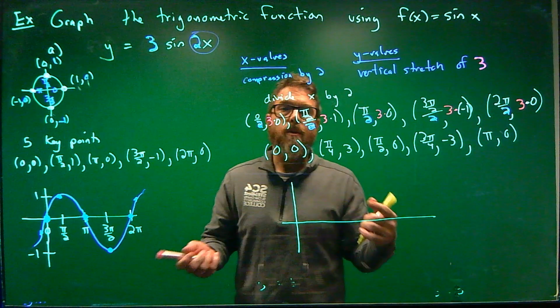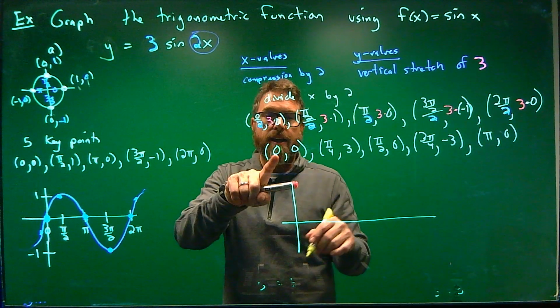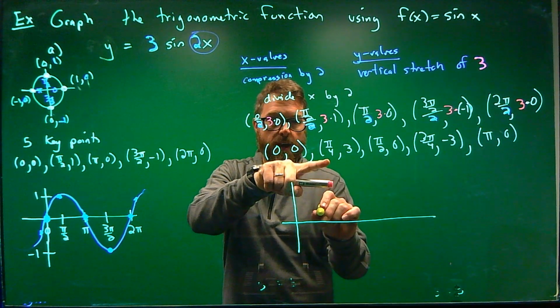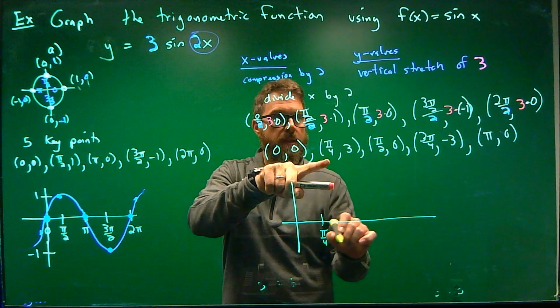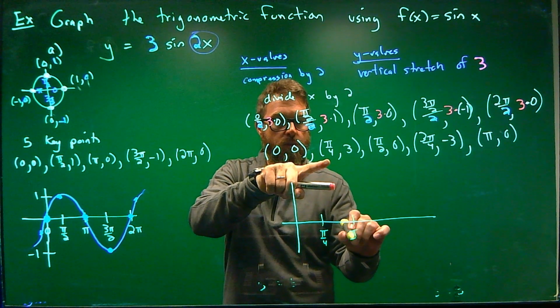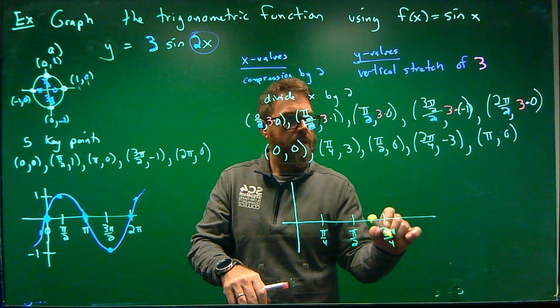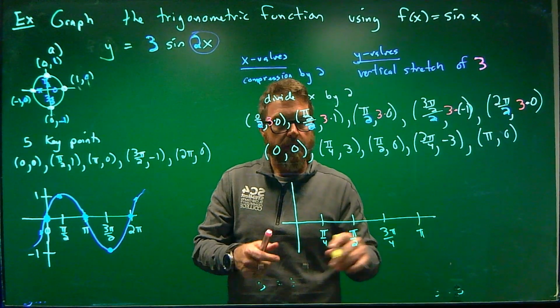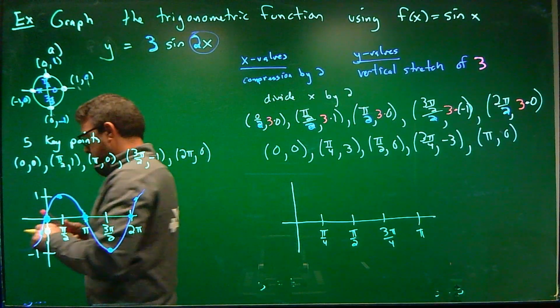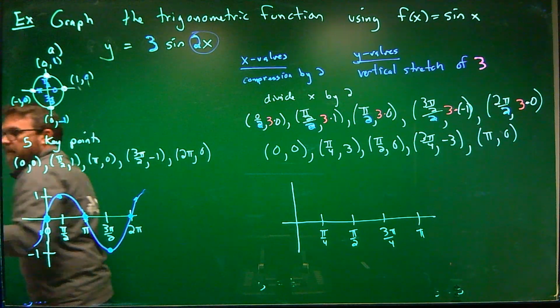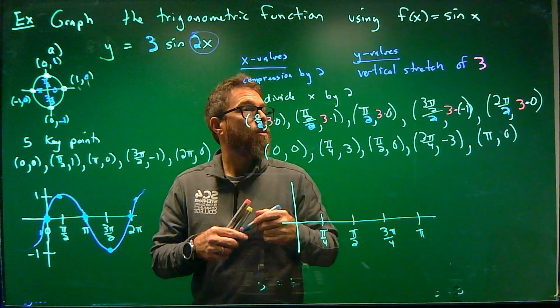So when I want to graph this, we know that our x values are going to go 0, pi over 4, pi over 2, 3 pi over 4, and pi. So then when I graph this, we're going to go with 3 to negative 3.